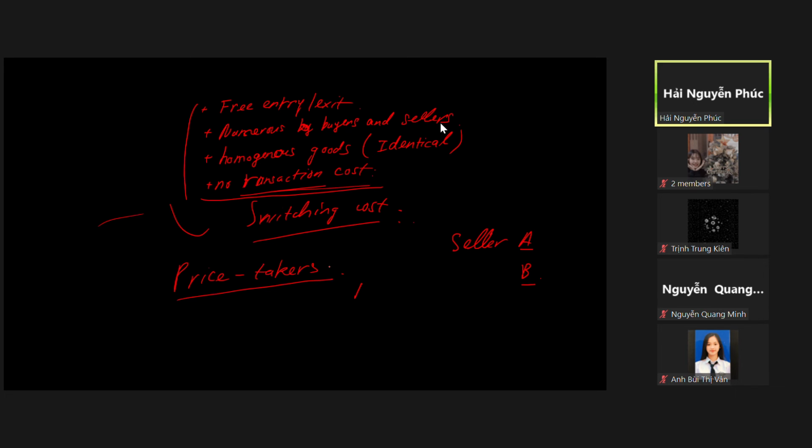Takers. Vậy thì cái câu hỏi mà người ta đặt ra là gì? Giả sử em là người quản lý một doanh nghiệp nào đó, doanh nghiệp của em operates in perfectly competitive market. Vậy thì cái chiến lược của em sẽ là gì?